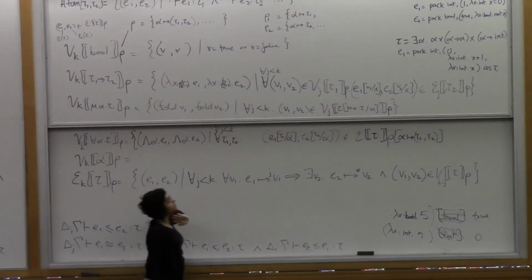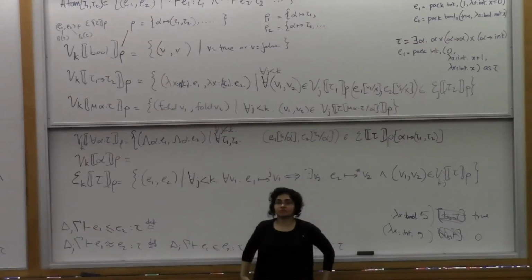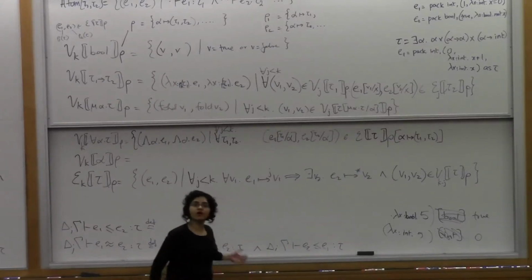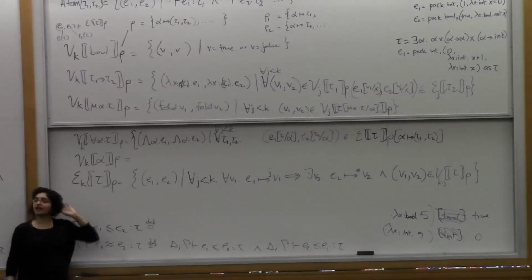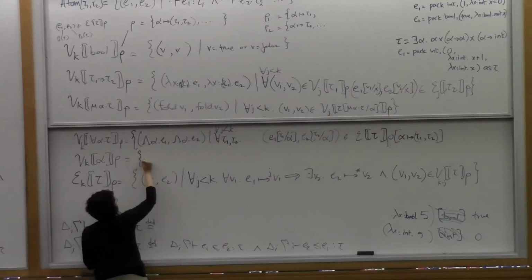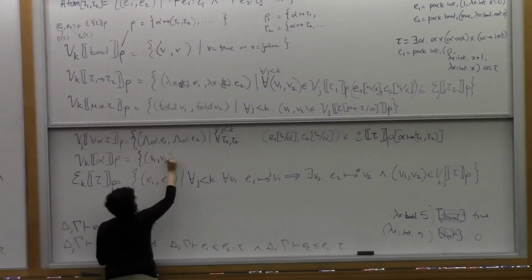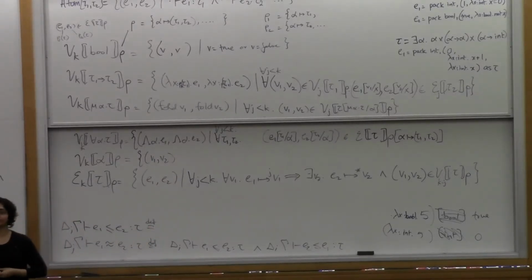So we need to be able to handle the case where tau has free type variables. So how do we interpret alpha? What are the values that belong to alpha? Or what are pairs of values v1 and v2 such that v1 logically approximates v2 at the type alpha?